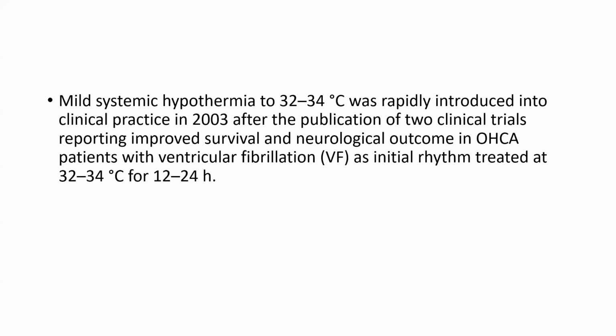Mild systemic hypothermia to 32 to 34 was rapidly introduced into clinical practice in 2003 after publication of two clinical trials reporting improved survival and neurological outcome in out-of-hospital cardiac arrest patients with ventricular fibrillation as the initial rhythm, treated at 32 to 34 for 12 to 24 hours.